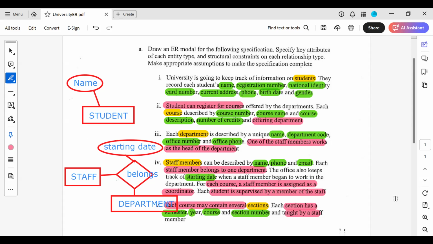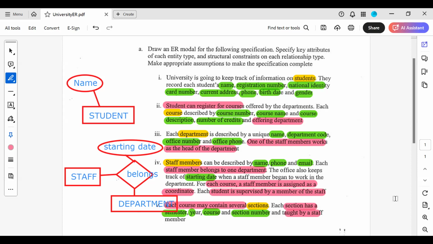Then each section is taught by a staff member. What do you think? Last one. Each section is taught by a staff member. Section, one staff. Will a staff member teach one section, right?